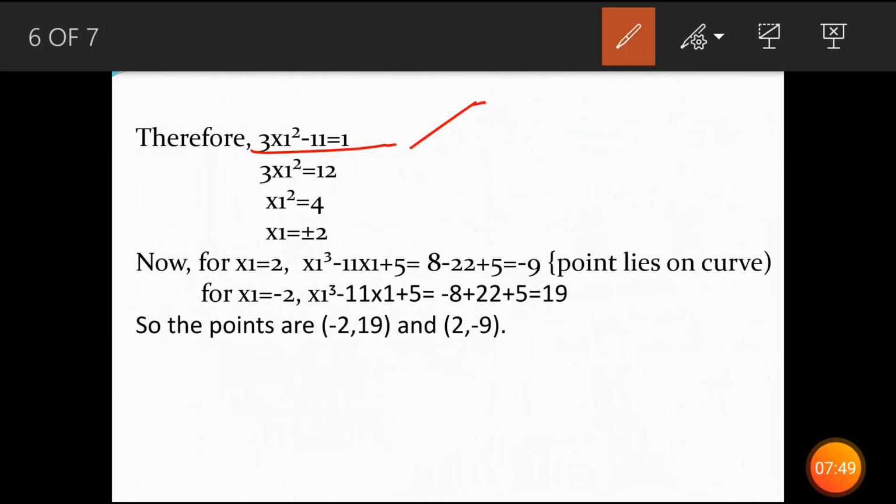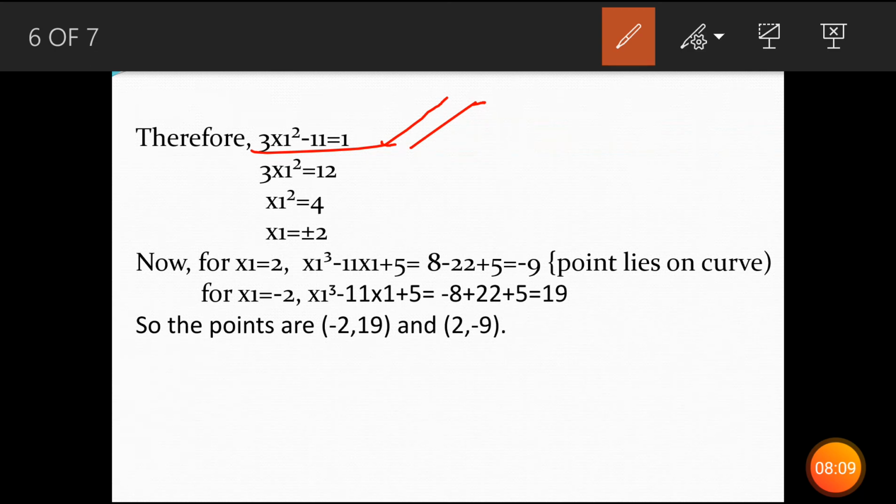Now we have compared both. First of all, we calculated the slope with the help of the curve by calculating the differentiation, and second, they have already given the tangent to us, so we have calculated m by comparing it with y equals to mx plus c. So we have equated both the slopes.